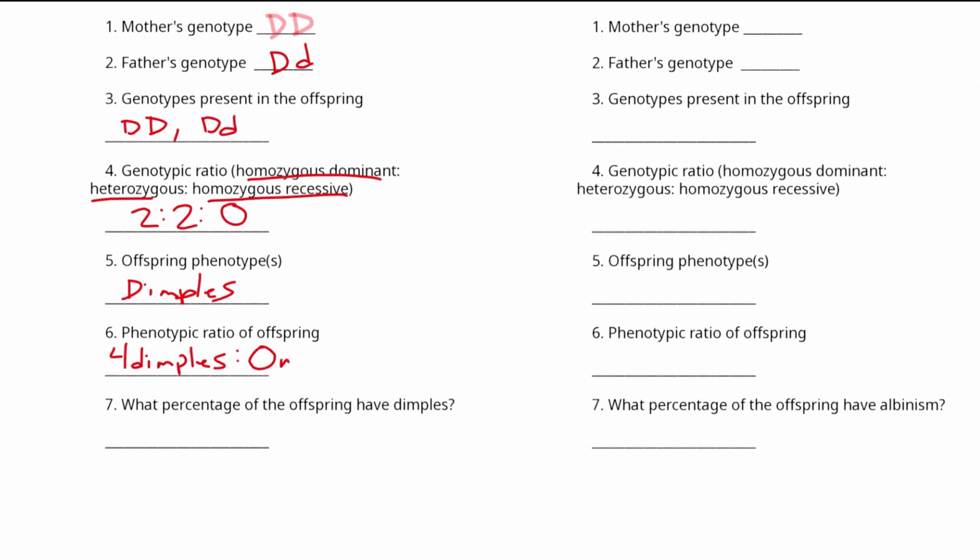So 4 to 0. What percentage of the offspring have dimples? So 4 out of 4, that would be 100%. Okay, I hope that this makes sense, and we'll move on to our next one.